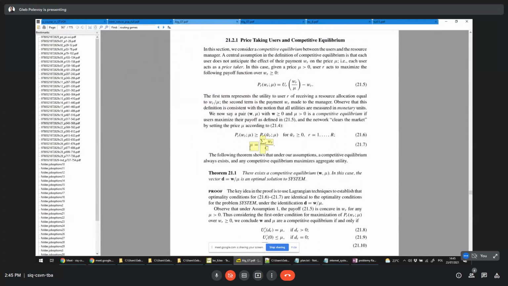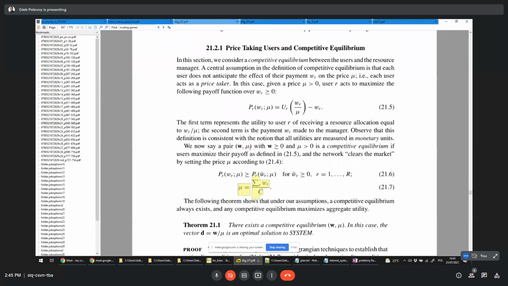Yes. So given that price, it has to be equal to that. But now you need to make sure that you cannot increase what you have by changing w when the price is assumed to be constant. That's the competitive equilibrium.